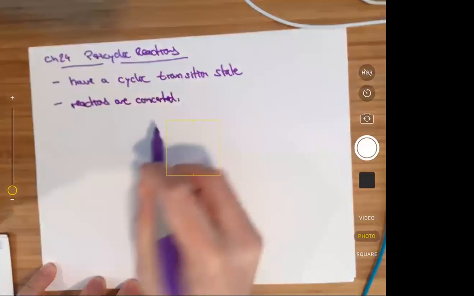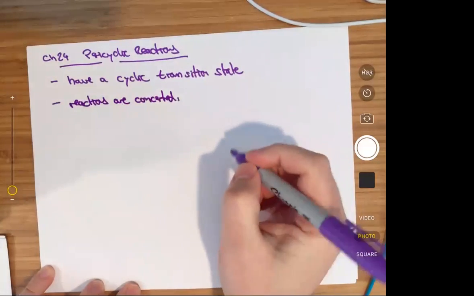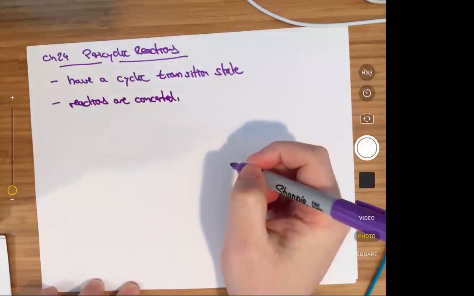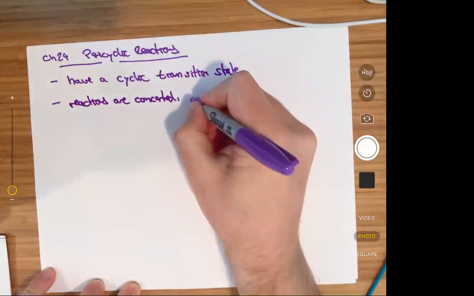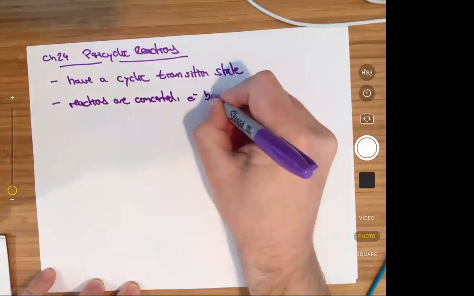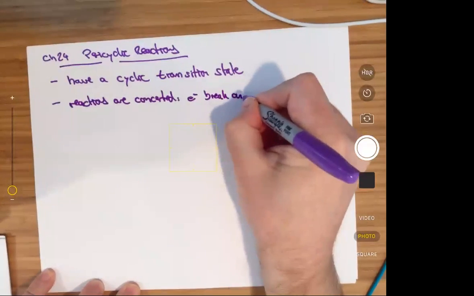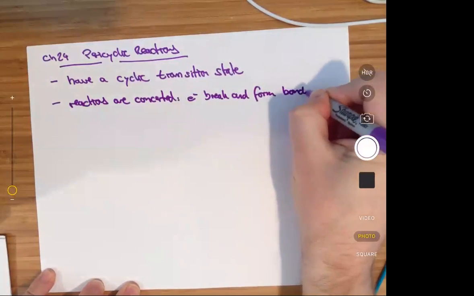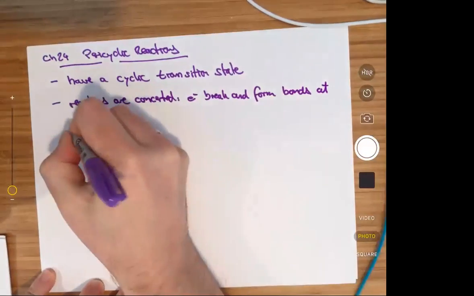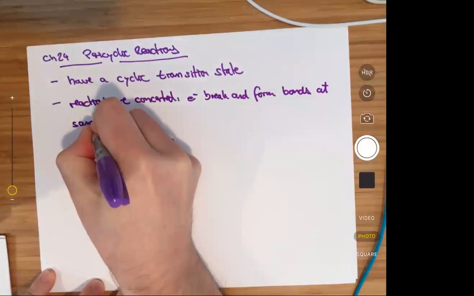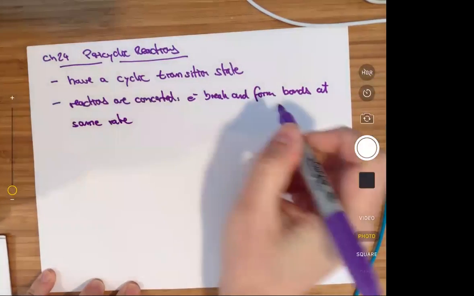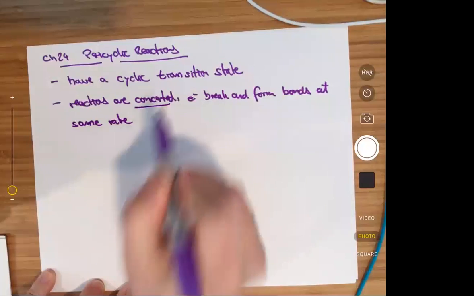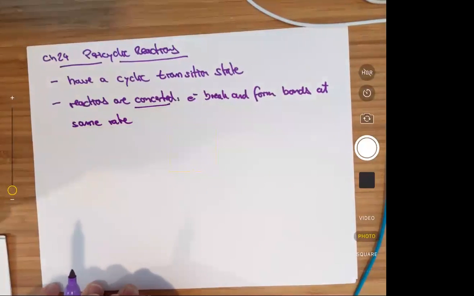This word concerted means that electrons break and form bonds at the same rate. And that's essentially the definition of a concerted reaction.